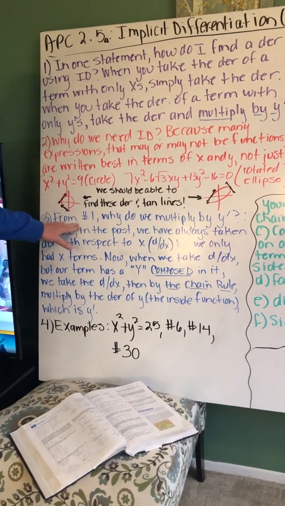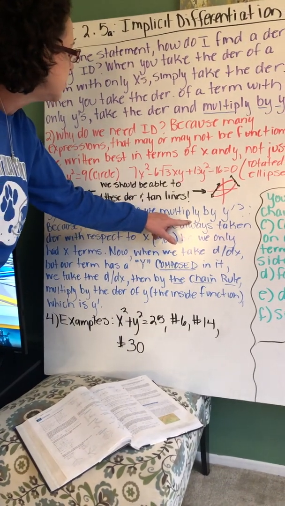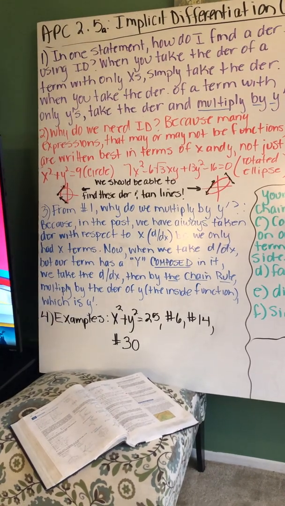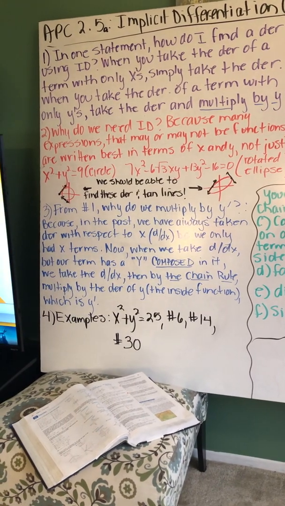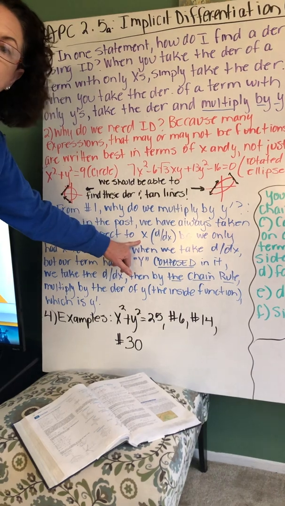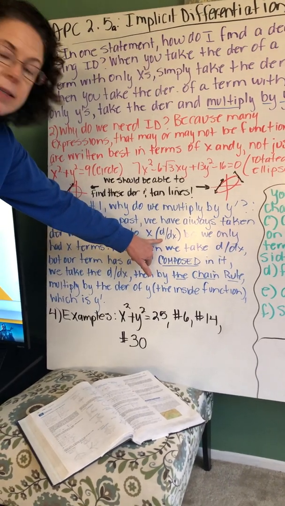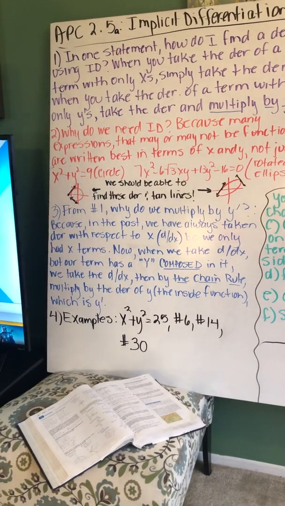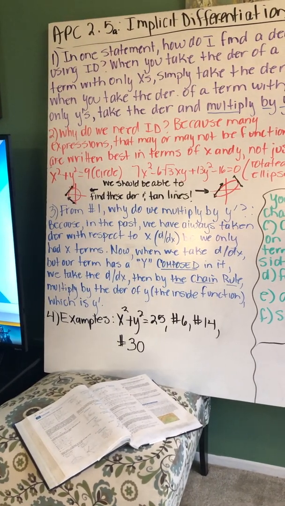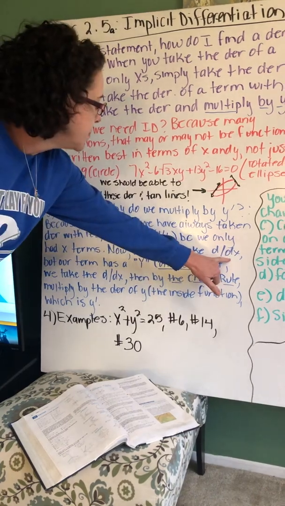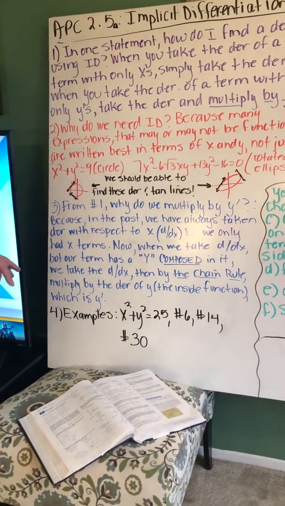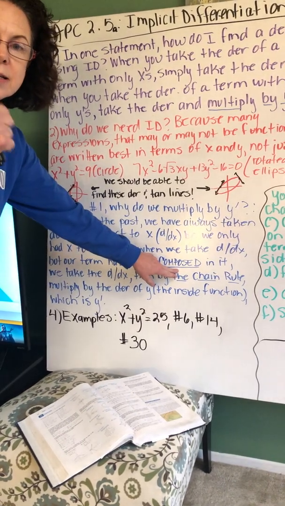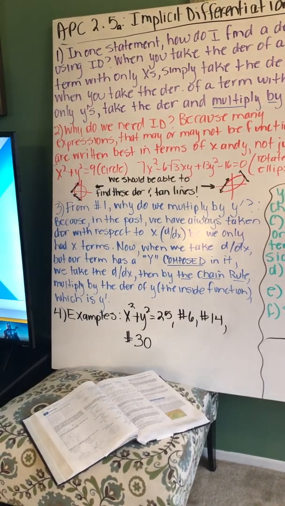So 3, from number 1, why do we multiply by the derivative of y? Notice I underlined it in blue. Because in the past, we've always taken the derivative with respect to x. By the way, that's this symbol here, the derivative with respect to x. Because we only had x's, nothing else. Now when we take the derivative with respect to x, but our term has a y composed in it, notice I said composed, so we're talking a chain rule.